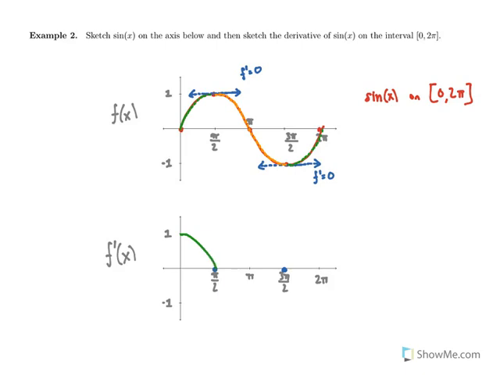We start positive, then we are negative, back to positive. And you may notice that this is a very special looking kind of function. In fact, this is cosine of x on 0 to 2 pi.